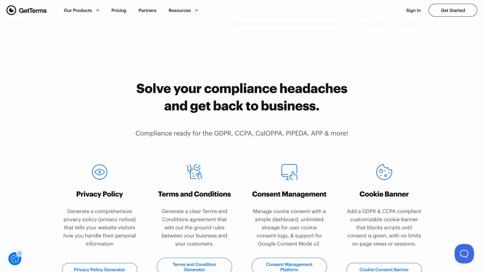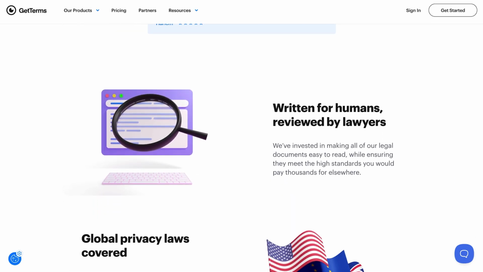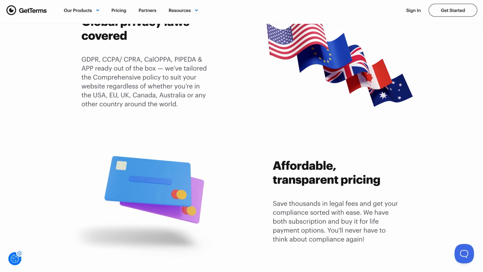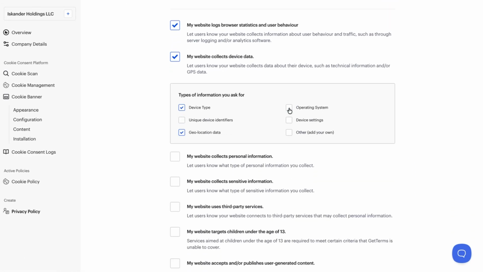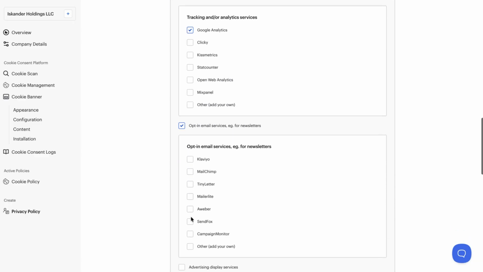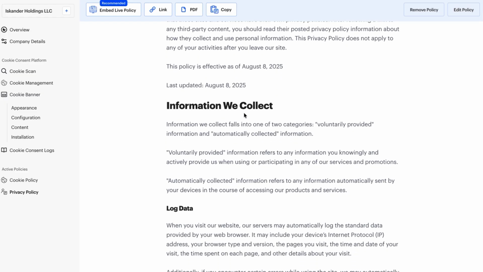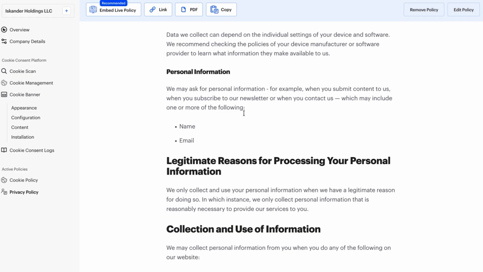And GetTerms makes it as simple as honestly getting a haircut. Literally in minutes, you could have everything configured. You answer a few questions about your business, what type of data you collect, where your users are located, and boom, you've got legal compliant documents built custom for your business.